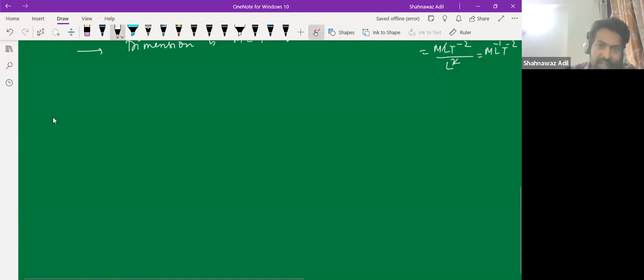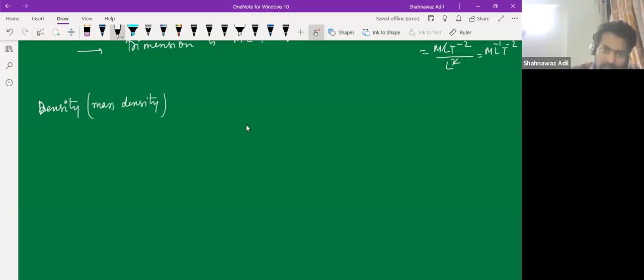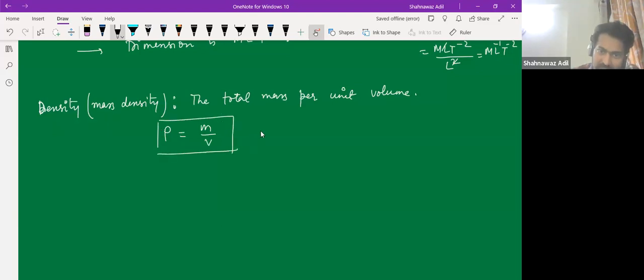So one other important parameter is density, right? Whenever we are talking about density, this is mass density, defined as the total mass per unit volume. Let's say this is represented by rho, and this is mass by volume. This is a very important quantity. And density has a dimension what?